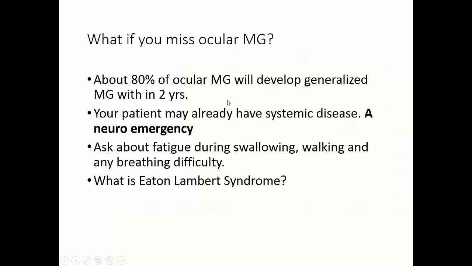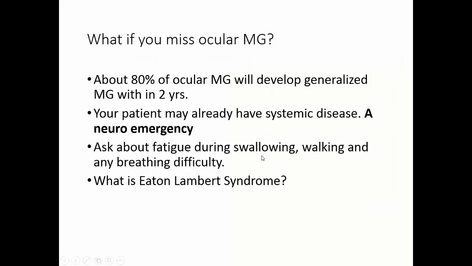Right. Why is it important for you to diagnose ocular myasthenia gravis? Because 80% of ocular myasthenia gravis patients will develop generalized myasthenia within 2 years. And sometimes the patient may already have systemic disease, because they may come to you with the more alarming ocular things like ptosis and diplopia. But if you ask them, they may be having difficulty swallowing, walking, and breathing, which they may be putting down to tiredness at work or old age.